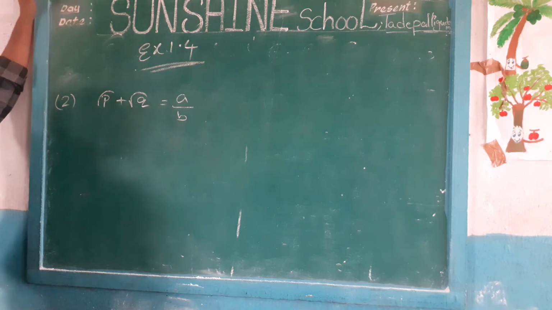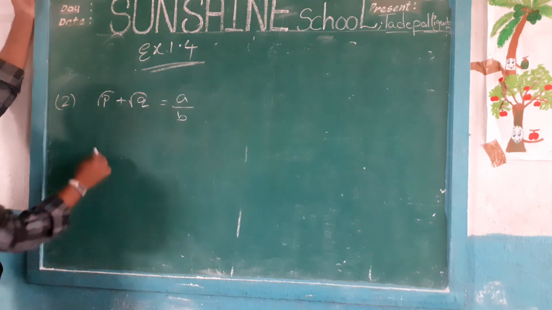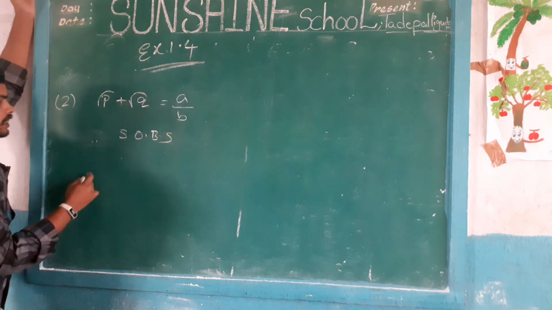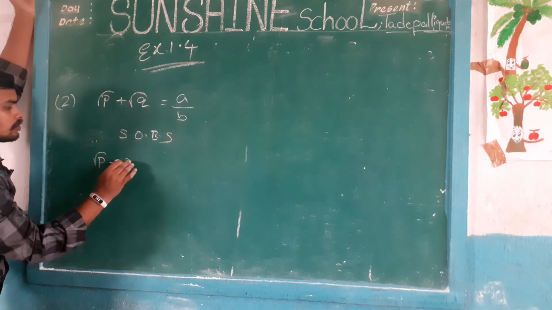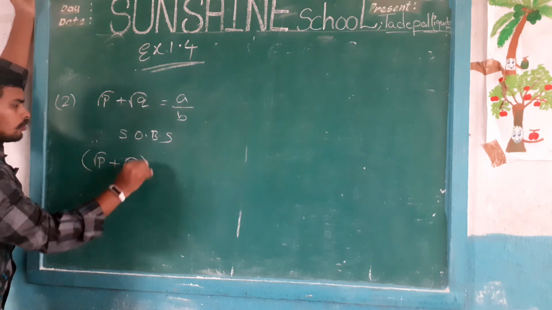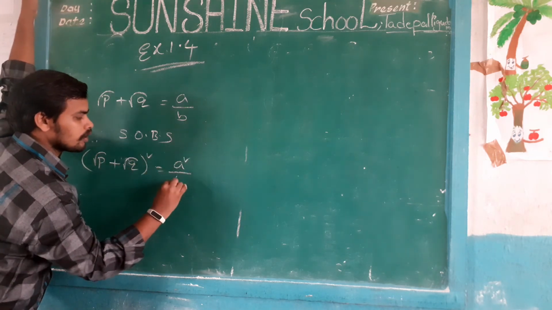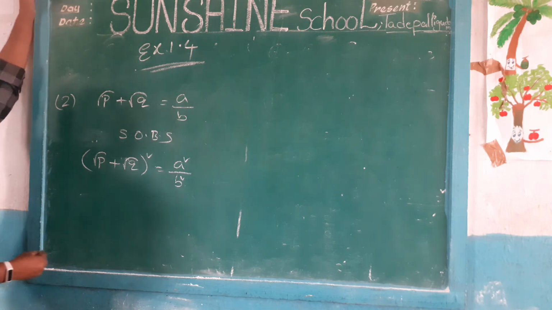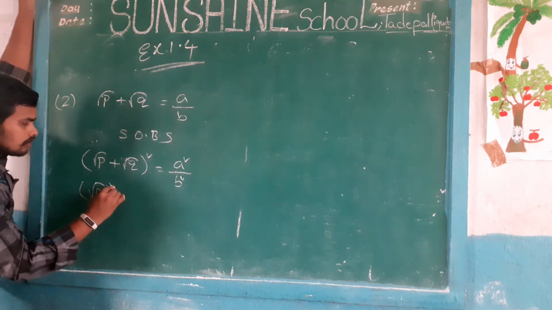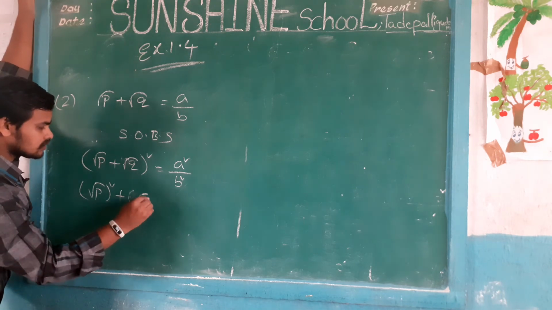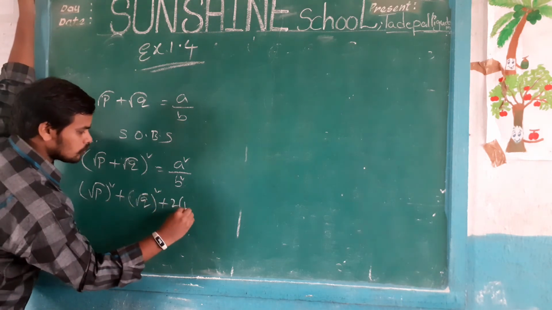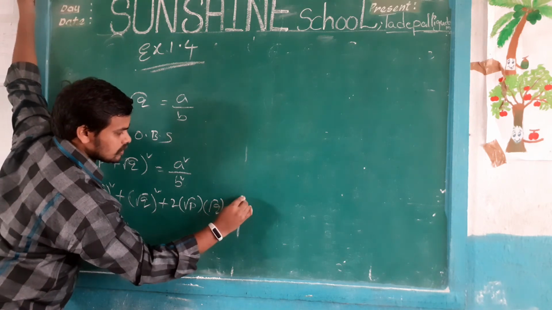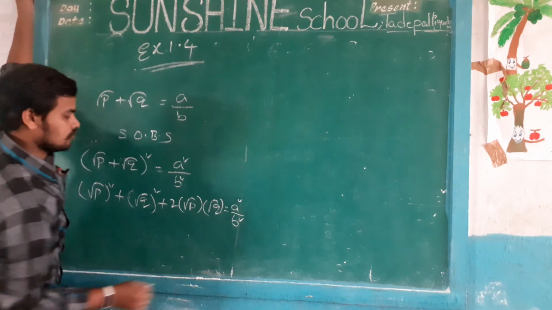What we have to do is square on both sides. Root p plus root q whole square equal to a square by b square. So p plus q plus 2 root pq equal to a square by b square.